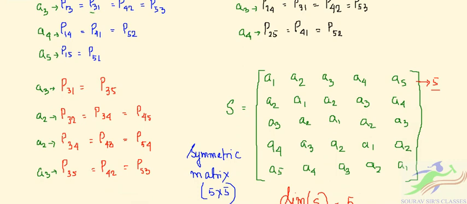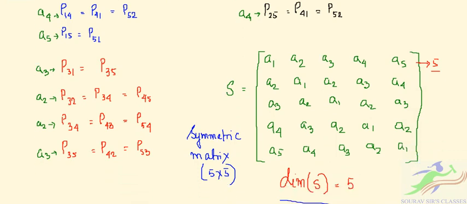It is all A1, so the sum of the diagonal here will be 5 times A1. So whatever the value of A1, multiplied by 5, it will be divisible by 5 in the case of S. Similarly, if P belongs to S, it will be the same for this set P, right? So option D is also correct.